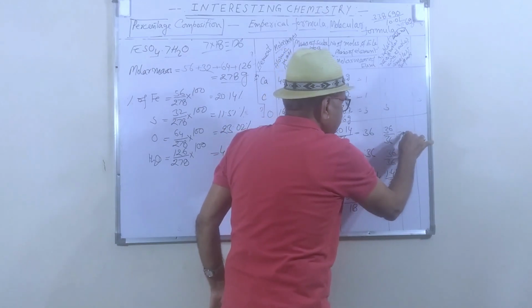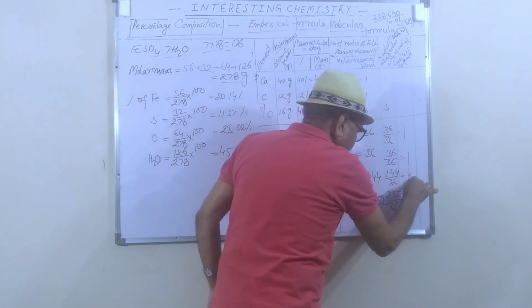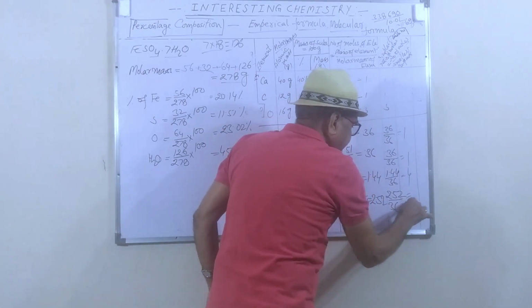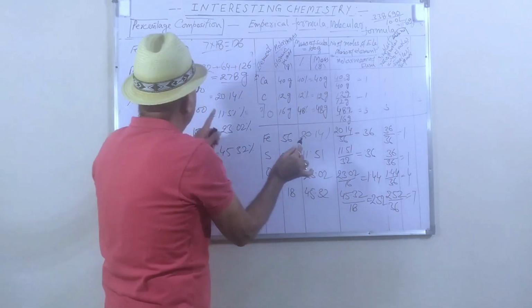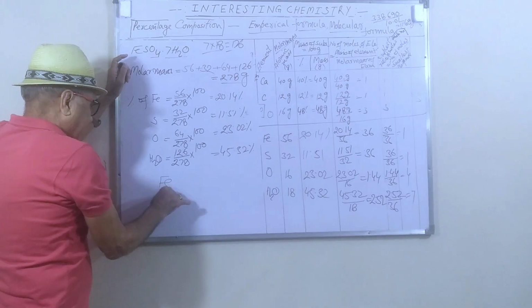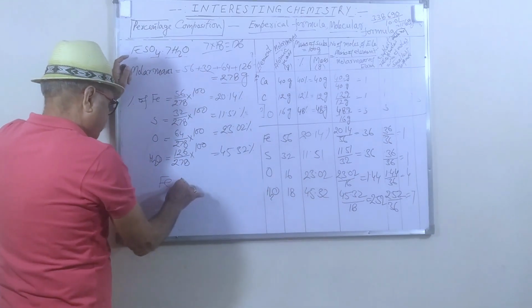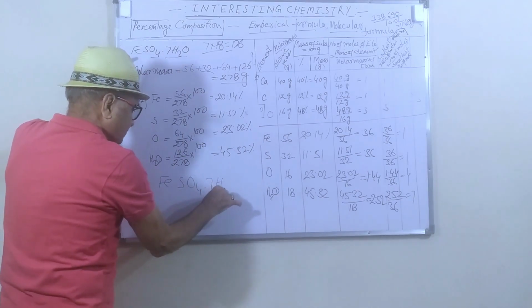So you will find here 1, here 1, here 4, and here 7 for H2O. This is the formula of FeSO4.7H2O: Fe is equal to 1, S is equal to 1, O is equal to 4, and 7H2O.